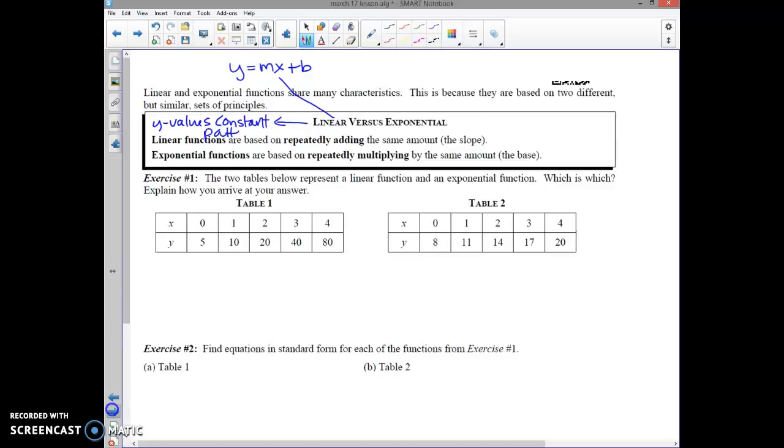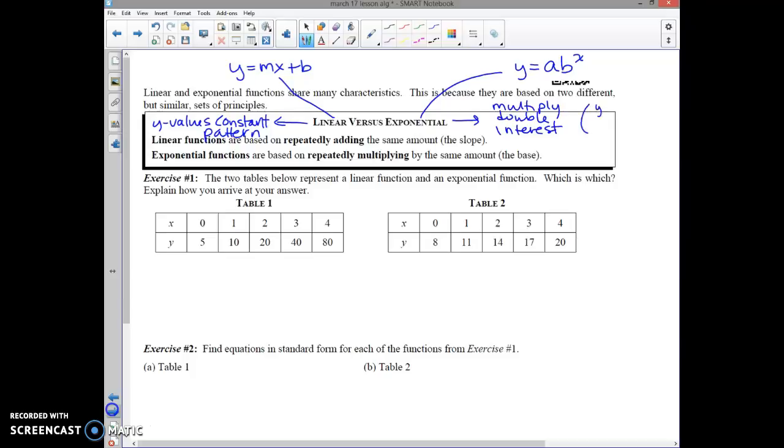The exponentials have the general equation of a times b to the x. Exponentials, key words are multiply, double, interest. Again, if you need to pause to make sure you're all getting these notes, please do that.